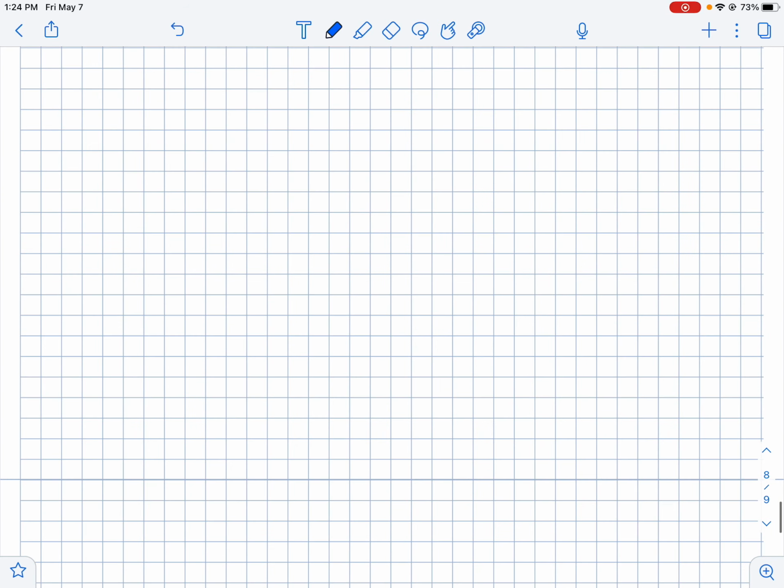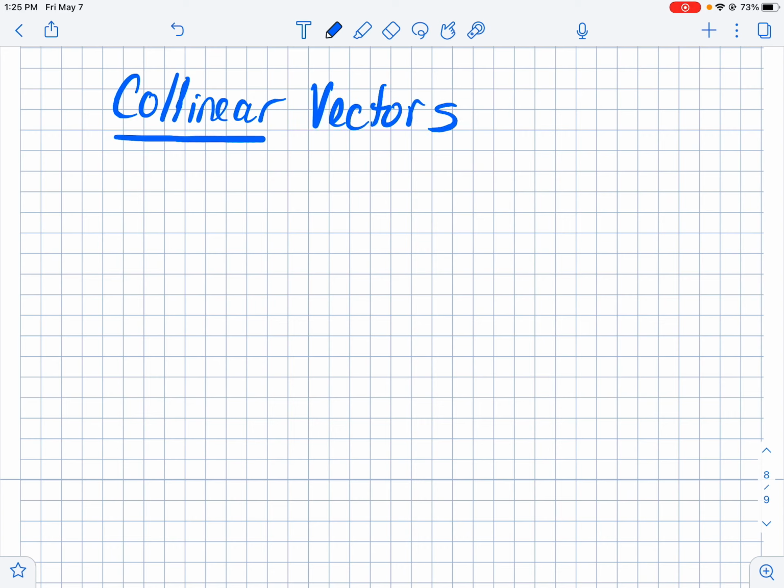There's another term that you should know, and it's collinear. Collinear vectors are vectors that lie on a straight line when arranged tail to tail or head to tail or whatever.